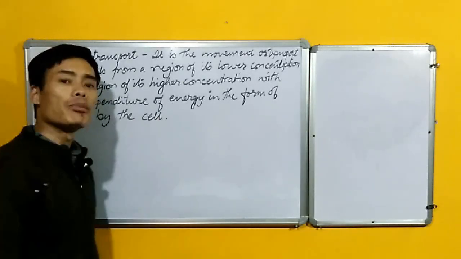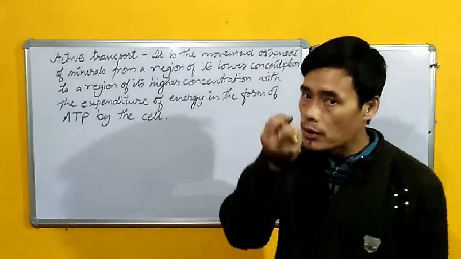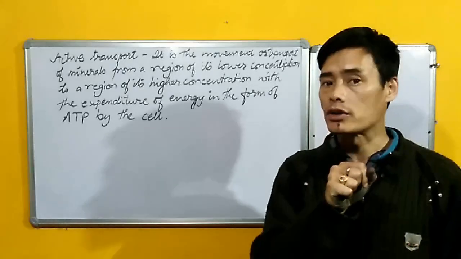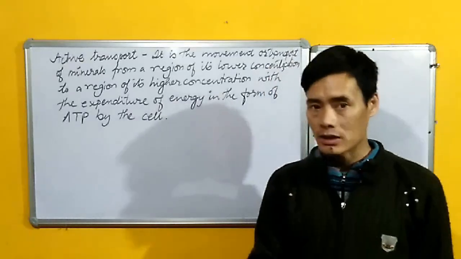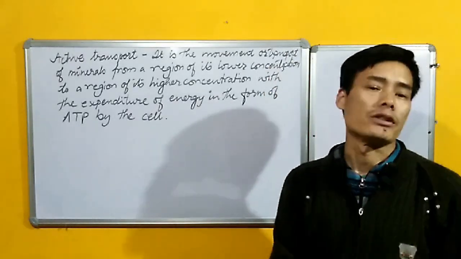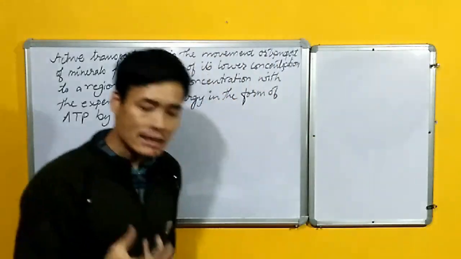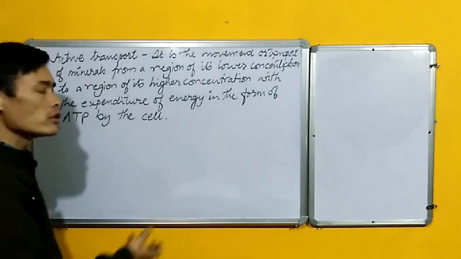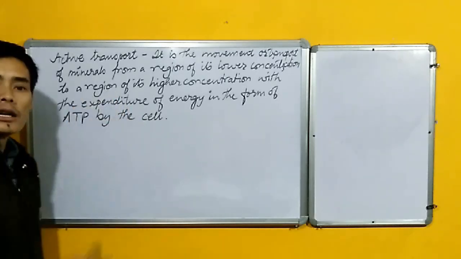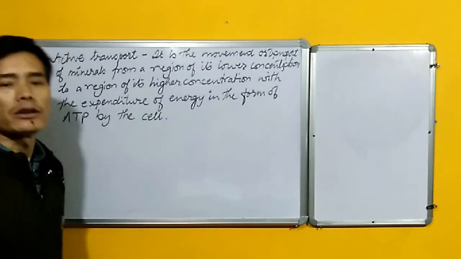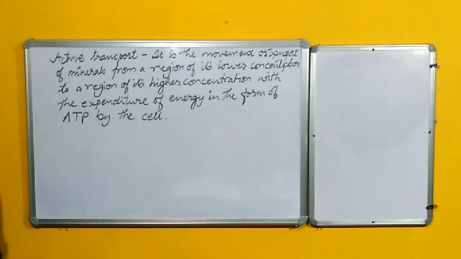And such a process where materials are being taken up from a region of its lower concentration to a region of its higher concentration requires expenditure of energy. So, in active transport, the plant cells acquire these minerals and salts from the soil simply by spending energy. This process is called active transport.